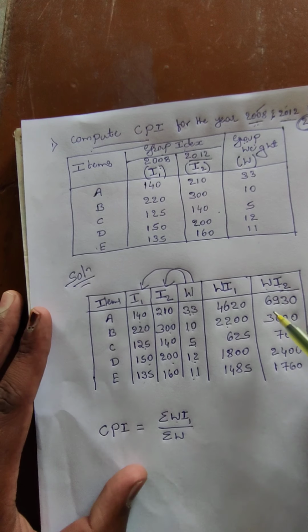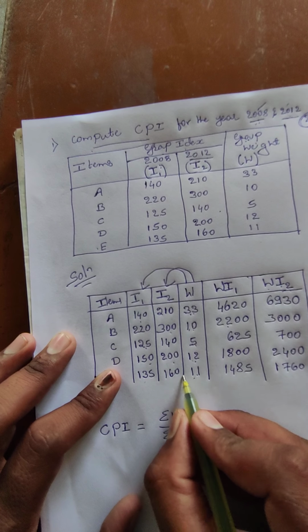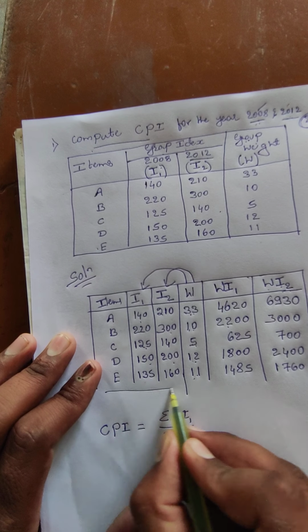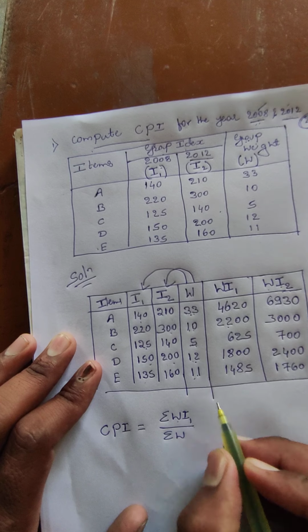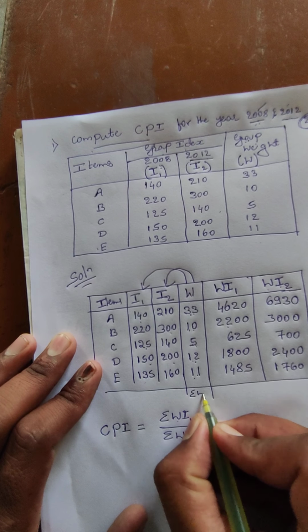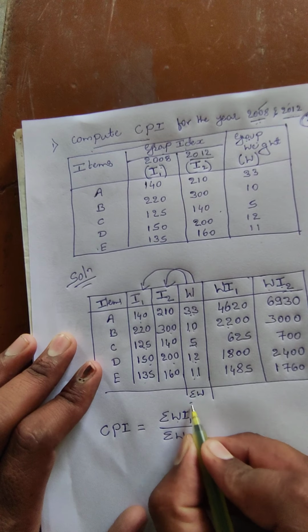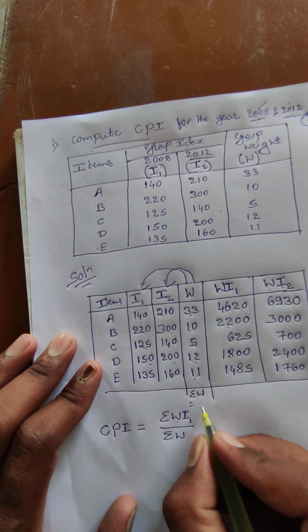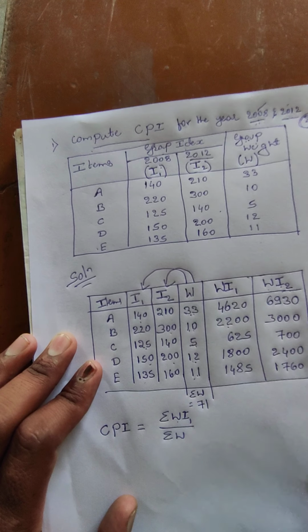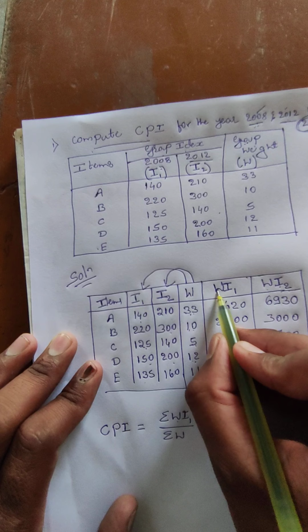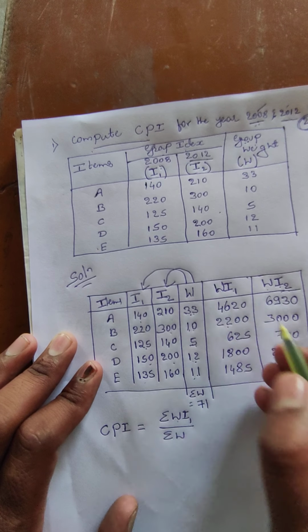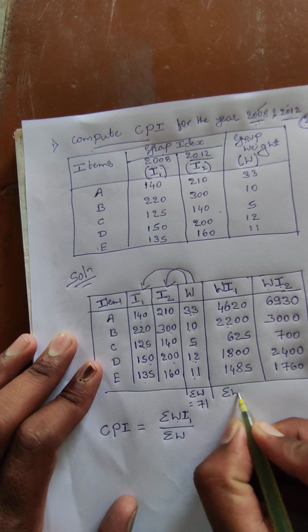After that we have to make a total. We make a total of W, the summation of W. If you total this, we get 71. Next we make a total of WI1, the summation of WI1.